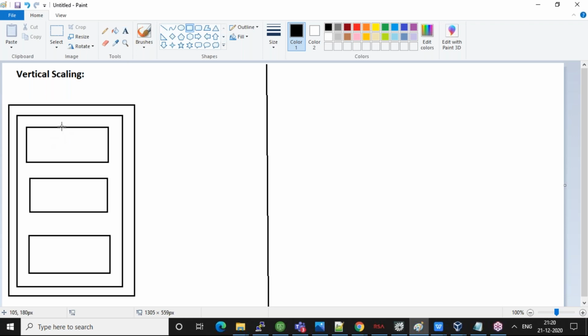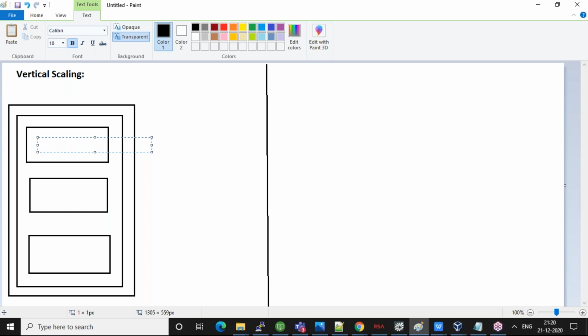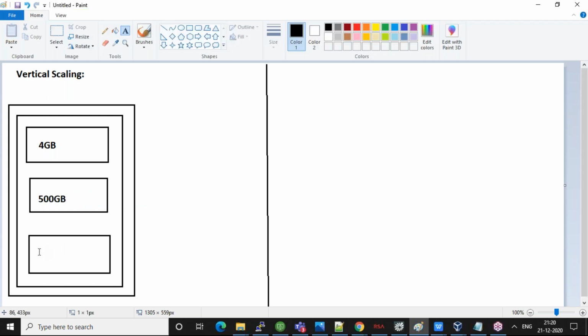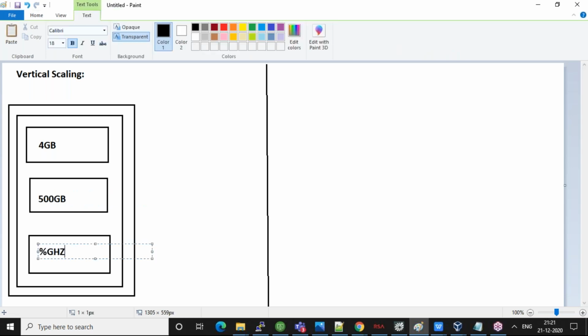Initially, at the time of purchasing this computer, the initial size of RAM is 4 GB, your hard disk size is 500 GB, and your processor is a 5 gigahertz processor.